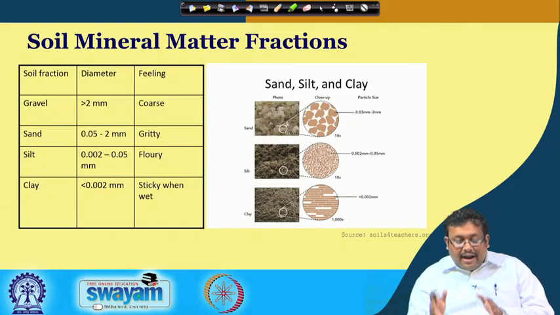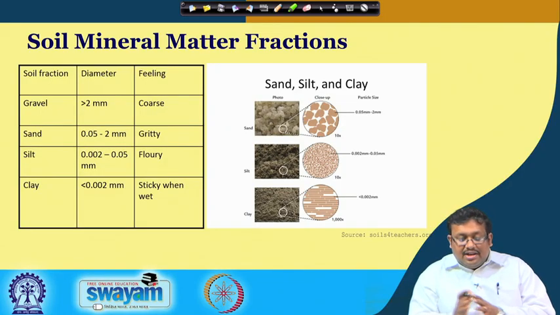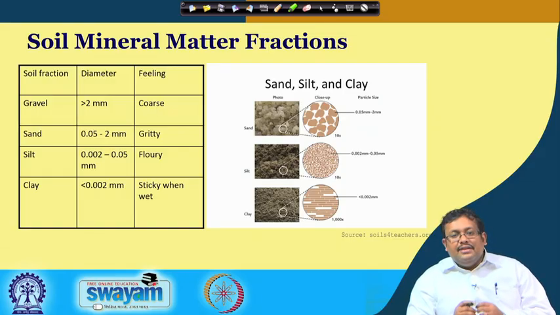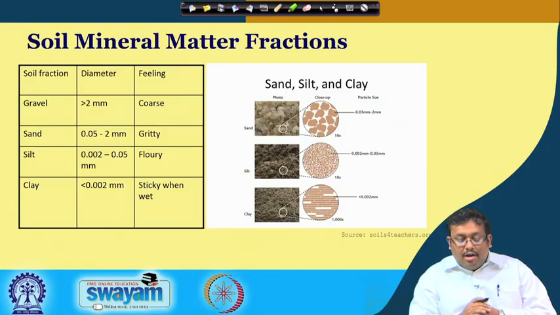In the right picture, I have shown the relative sizes of sand, silt and clay. As you can see, clay fractions are very, very fine, less than 0.002 millimeter, and we need high magnification, almost 1000 times, to see them.